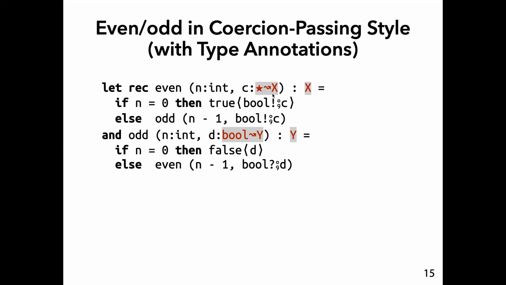This curved arrow means coercion type. Since coercion C will be eventually applied to the return value of even, if continuation coercion C is from the dynamic type to type X, then the return type of even would also be X. Such type X would depend on the coercion that will be passed to the even function.